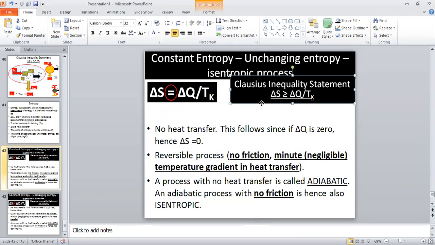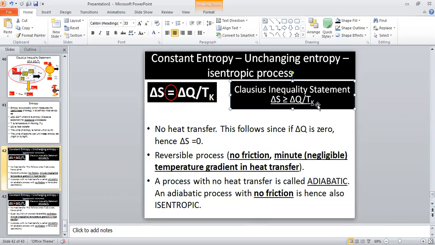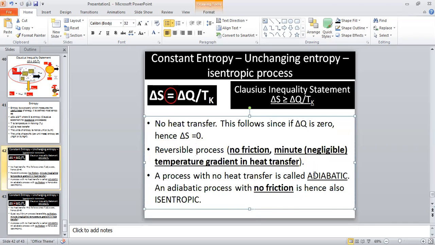Because of this, irreversibility always increases the entropy. So reversibility is important. Okay, so reversible, that is one thing.